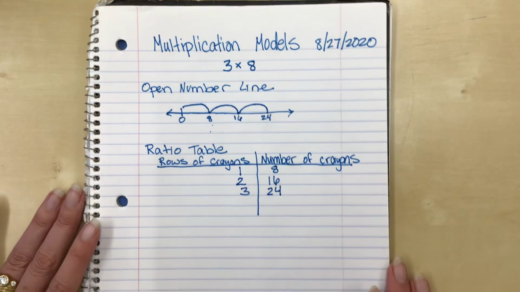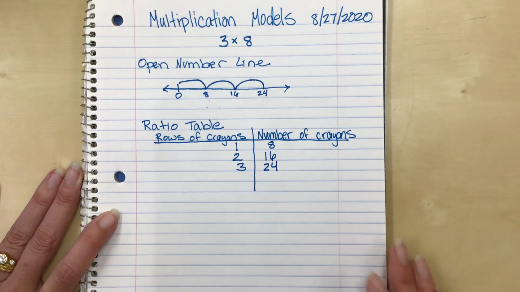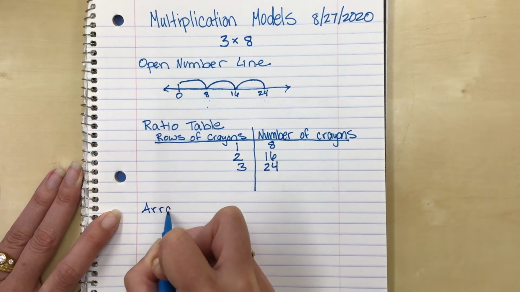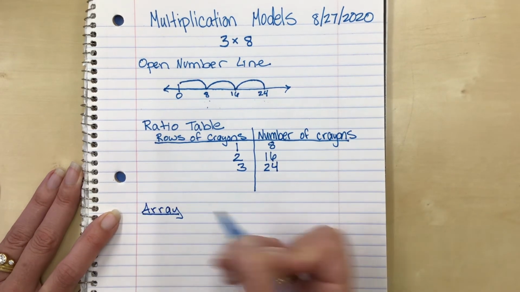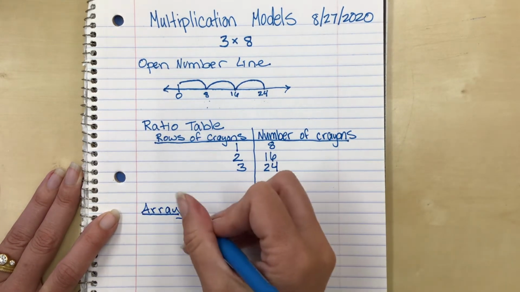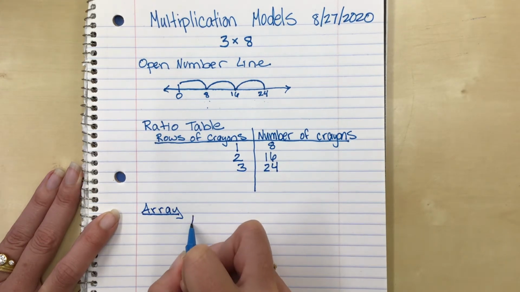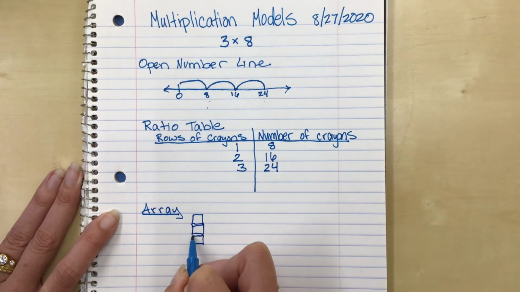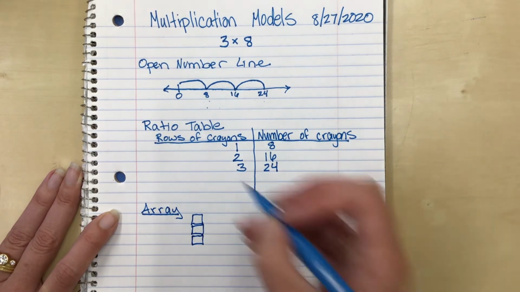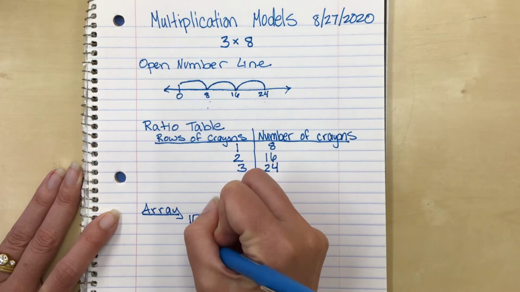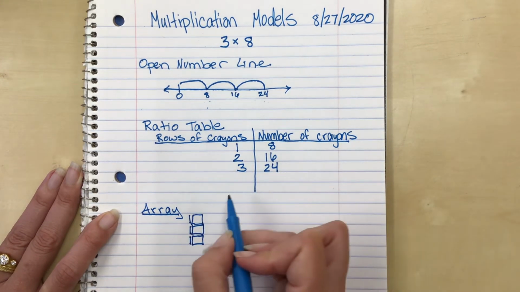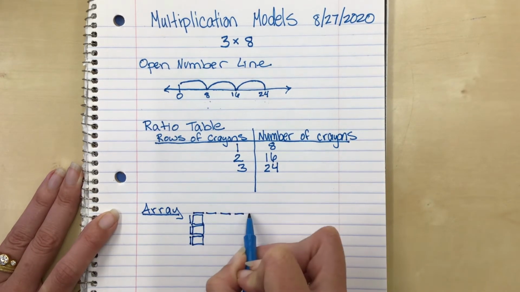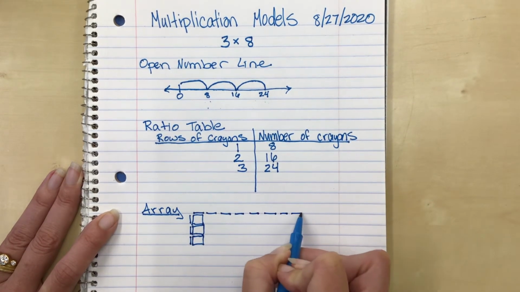All right, moving on from the open number line to the ratio table. Another way that you might do it is an array. So we're going to call this the array model. And that's where you would say there are 3 rows, and there are 8 across, 1, 2, 3, 4, 5, 6, 7, 8.